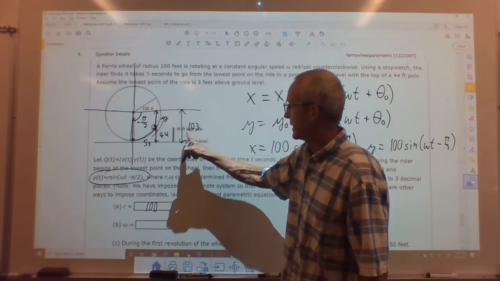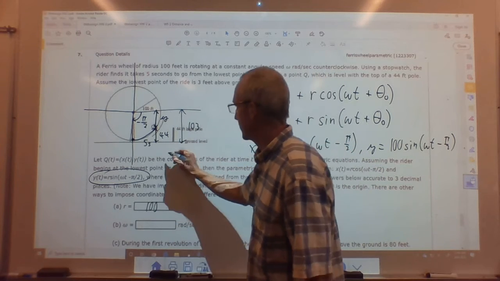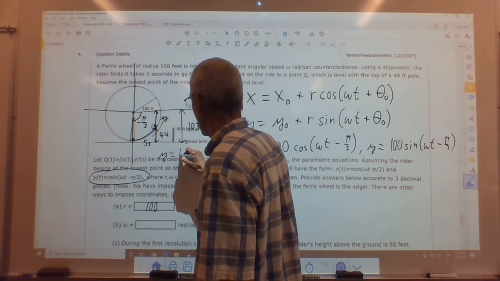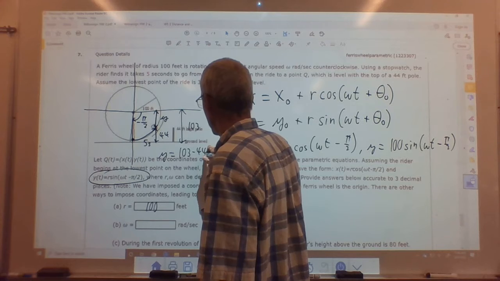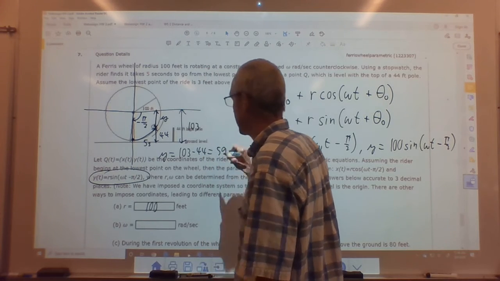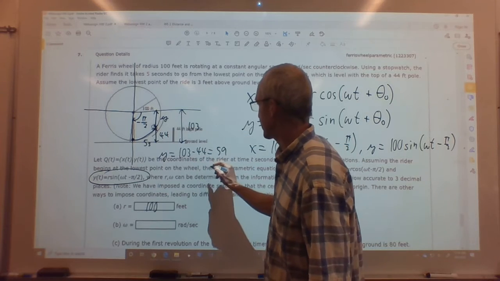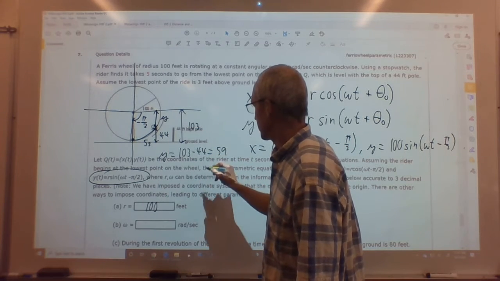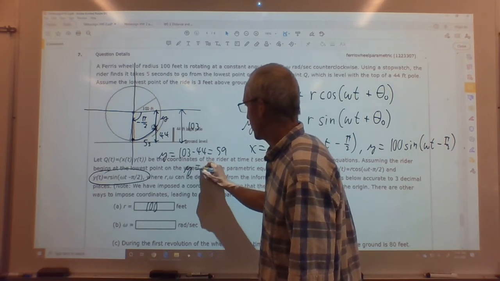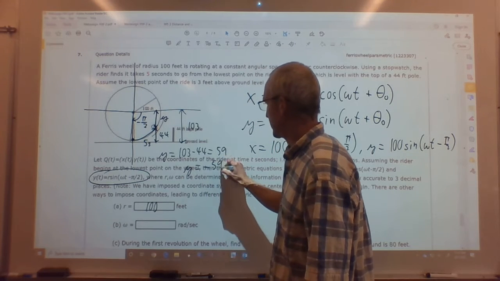So y is the whole distance minus 44. So y is 103 minus 44, which is 59. It's 59 below 0, so actually it's negative 59, right? So really we should say, we want to know when the y value is negative 59.